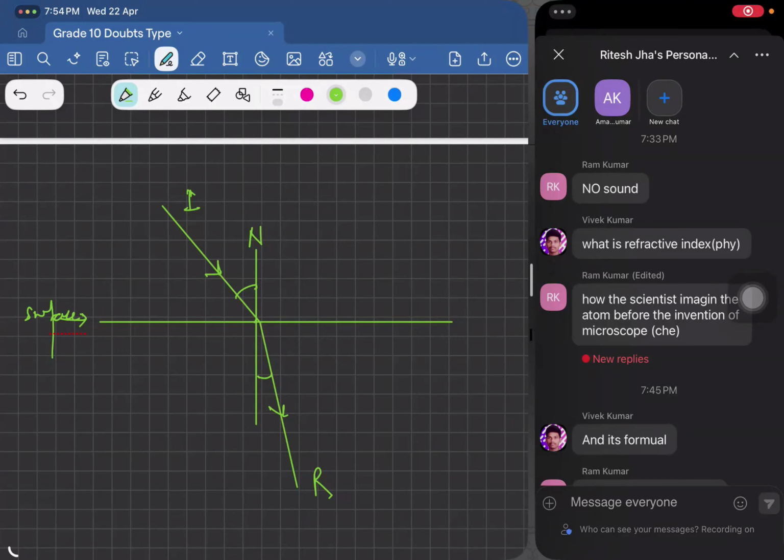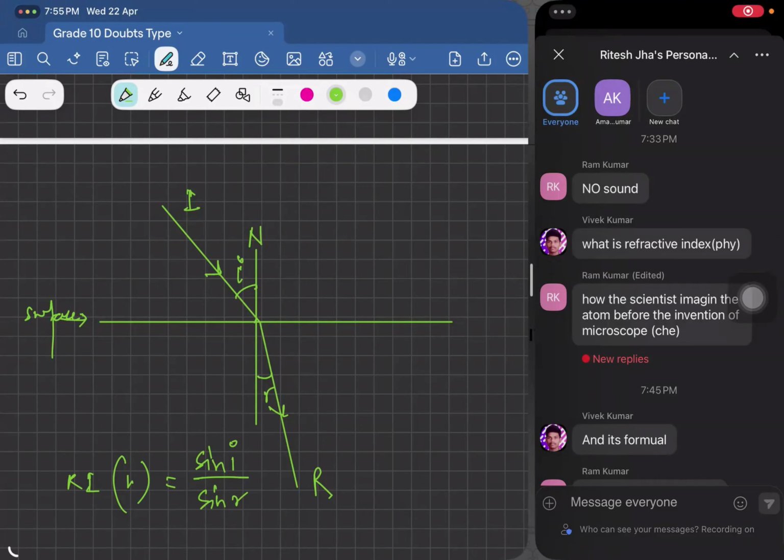Then I'm giving you the term angle of incidence, and another term, angle of refraction. And then another term, refractive index, which is n, which is basically sin i over sin r, the trigonometric ratio of the sine of angle i over the sine of angle r, which is a constant.